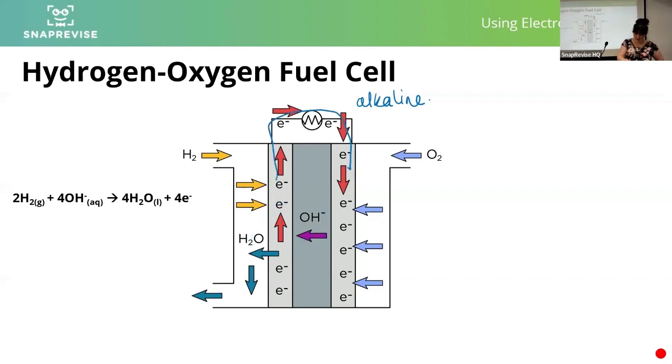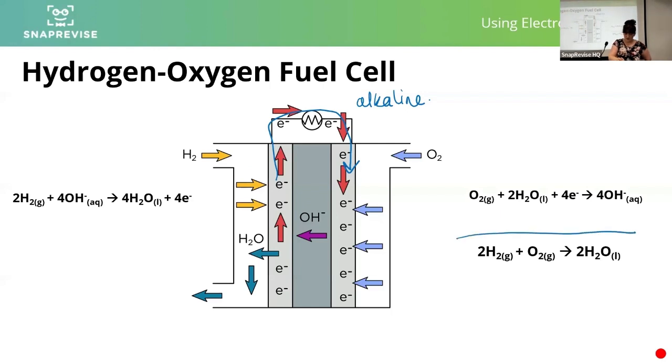The electrons can then pass through whatever it is we're trying to power, the battery, the motor, whatever, the voltmeter, if all we're doing is measuring it, onto the other electrode. And at that electrode, we then get oxygen incoming. It can accept electrons, mix with some water, which should be present as well, to produce OH minus ions, and the OH minus ions can then travel across.